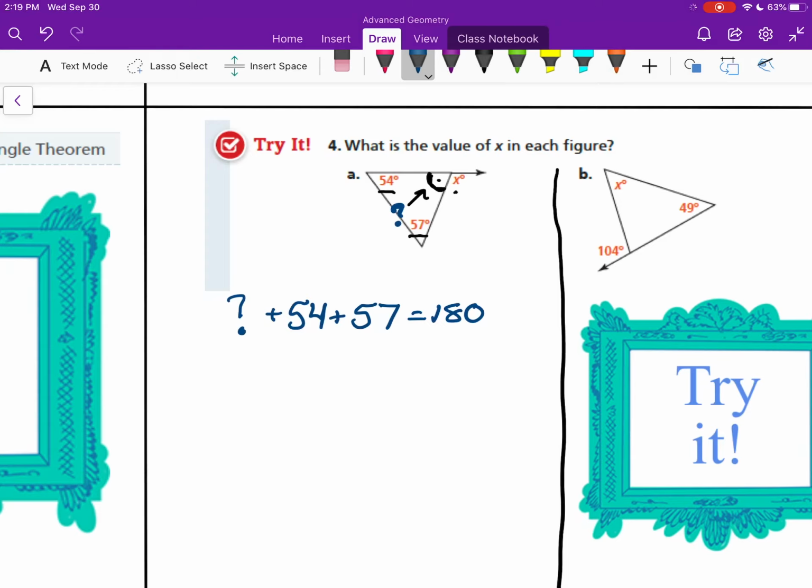So if we do that and we solve, then that angle equals 69 degrees if I add those together and subtract them from 180. So now it's not a mystery anymore. I can say with certainty that this is 69 degrees.